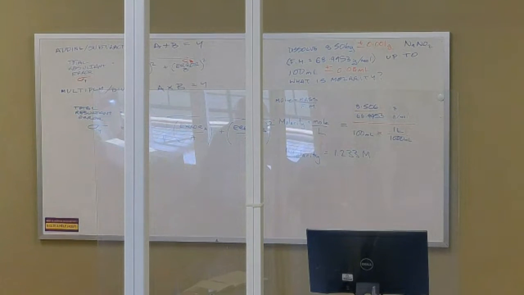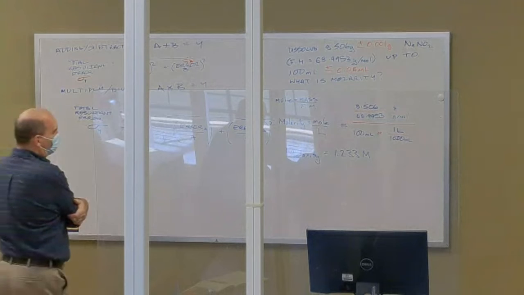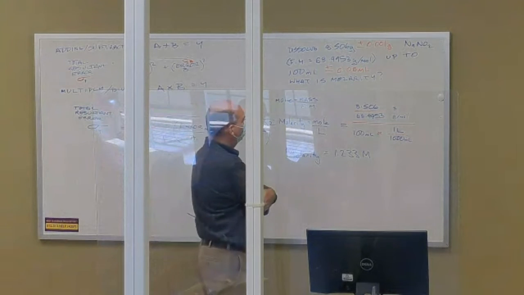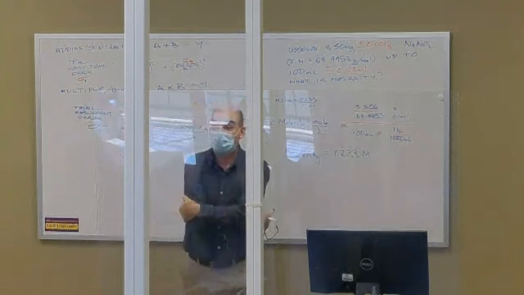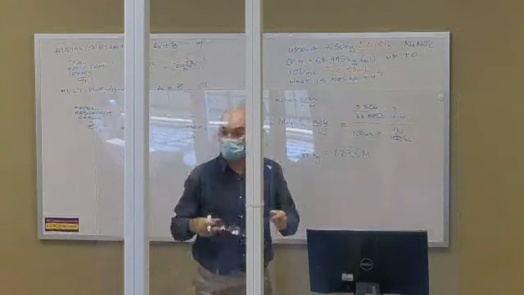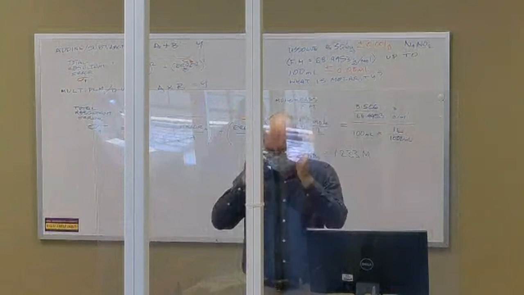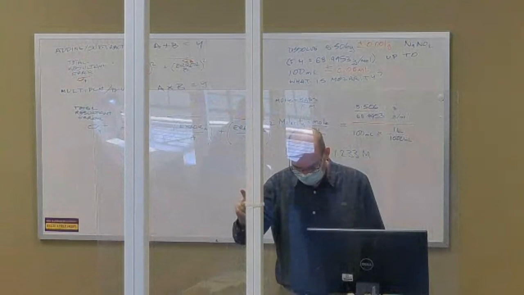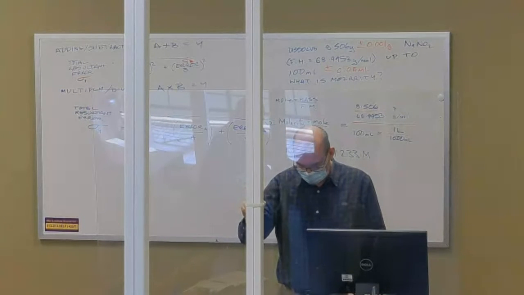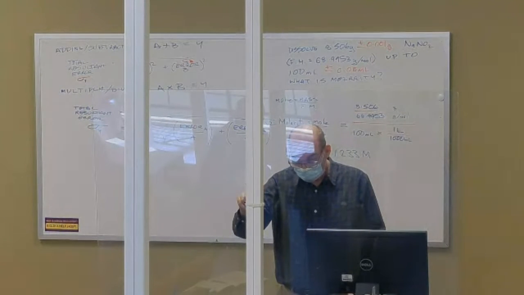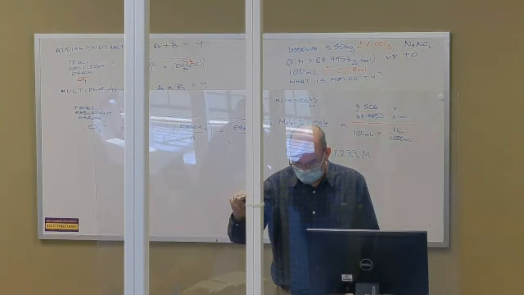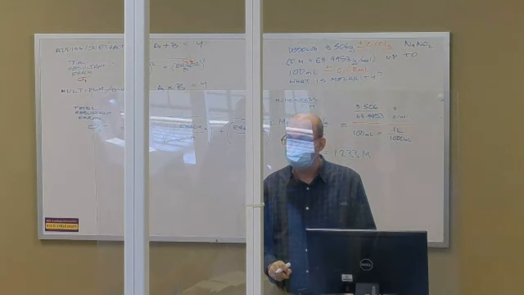So I look at this and ask, what's the smallest number of significant figures? It is the 100 milliliters. That's a measurement. It was not given to us as 100 point. Actually, it was 100 plus or minus 0.08.